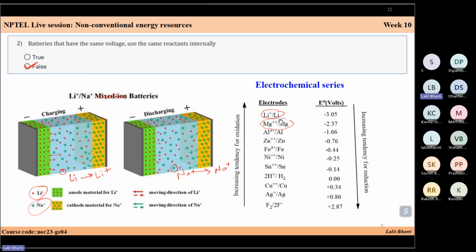So clearly, if you choose different types of metals, the open circuit voltage will be different for these systems. That is why lithium ion batteries are more used, because their OCVs, or voltages, are high compared to all other standard metal ion batteries. So that is done.